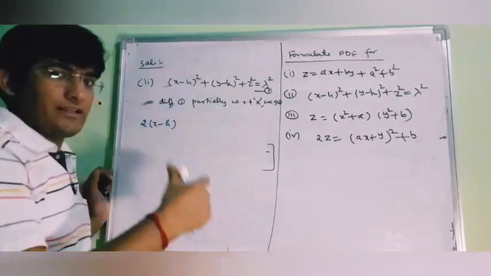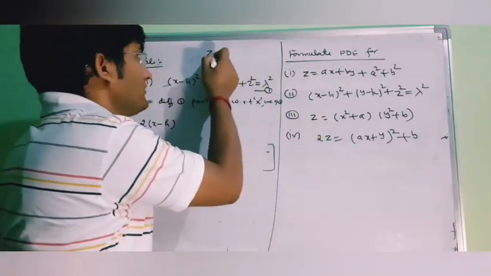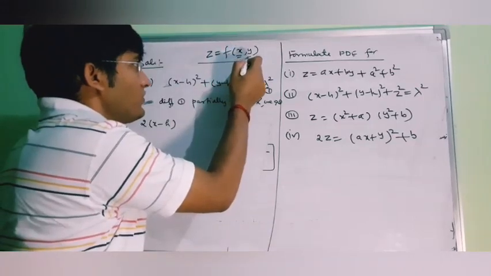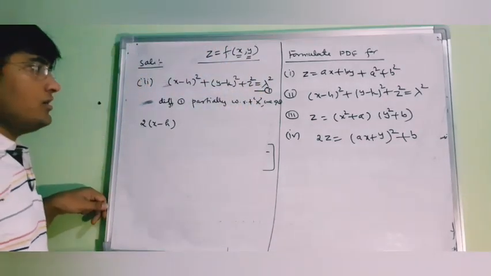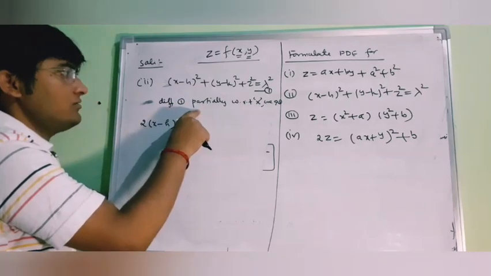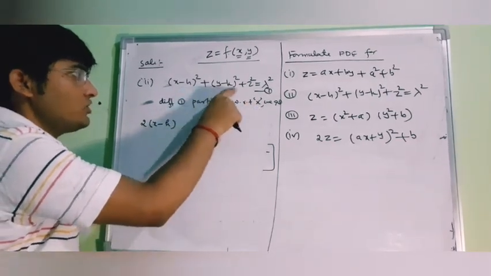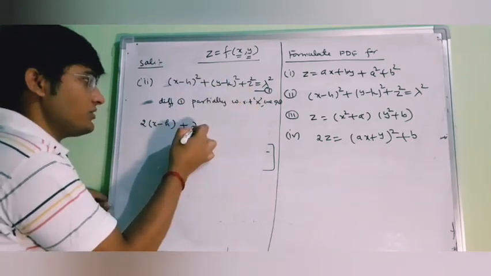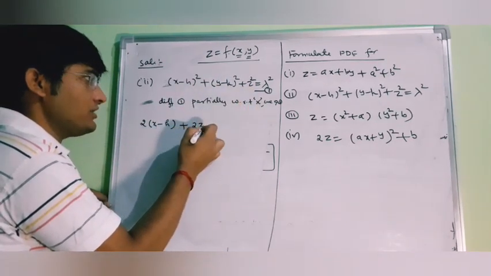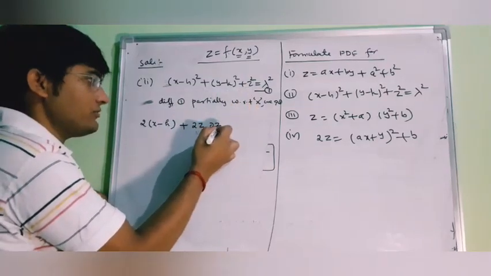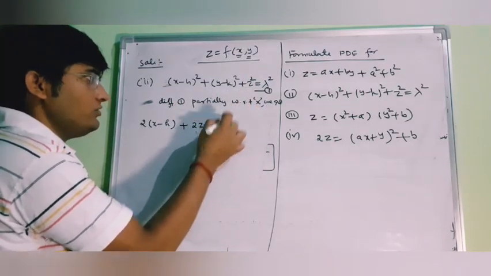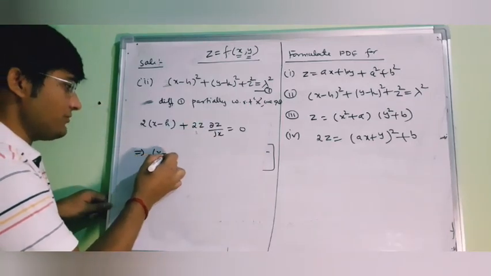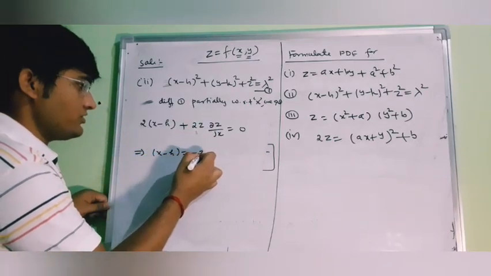In case of a function of two variables, x and y are independent of each other. Then the partial differentiation of z square will be 2z times del z upon del x, and this is equal to 0, and del z upon del x is p, so x minus h equal to minus zp.